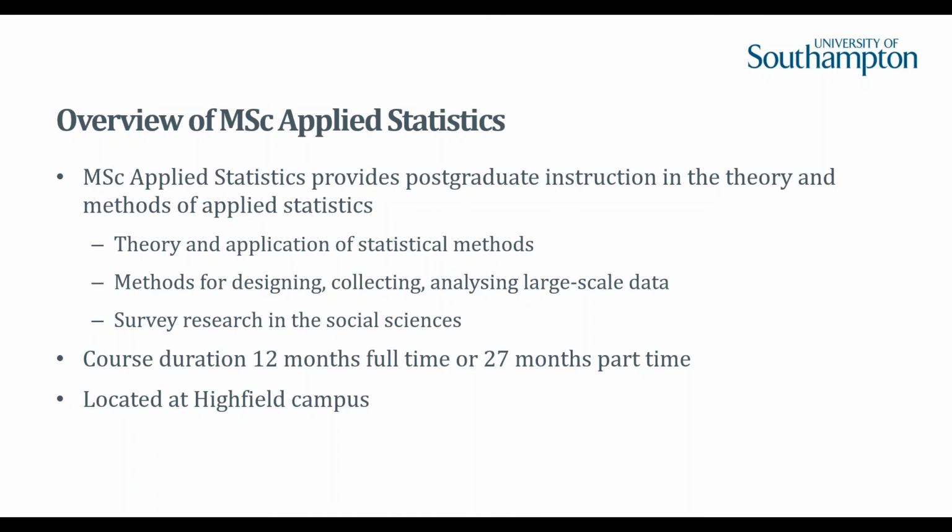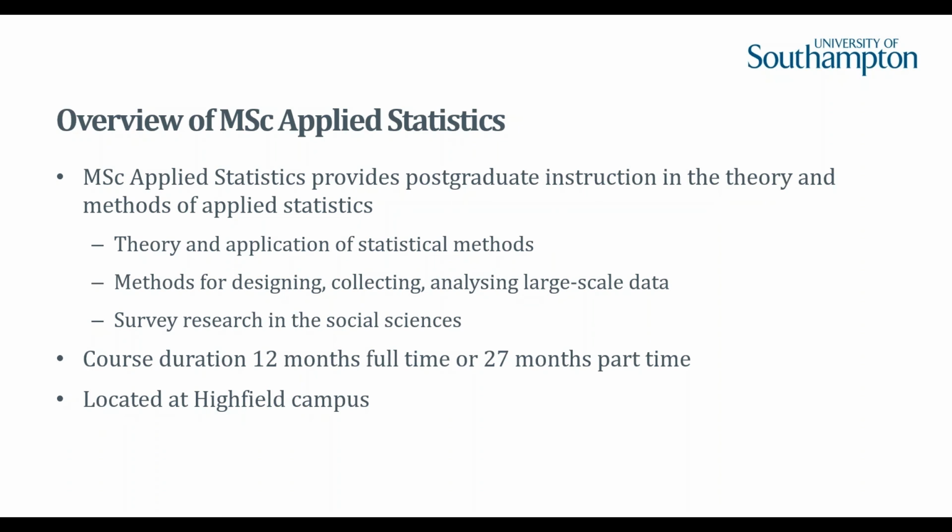This MSc program provides you instruction in the theory and methods of applied statistics. The compulsory modules include topics such as statistical theory and linear models, generalized linear models, statistical computing, sampling techniques, research communication skills, and complex survey data analysis. All of these modules will give you an overview of theory and application of statistical methods in a variety of settings.